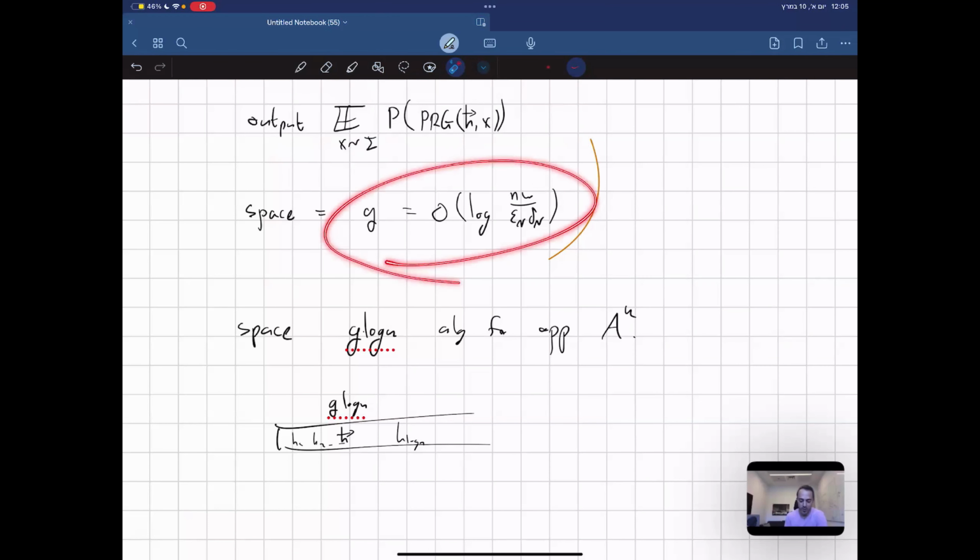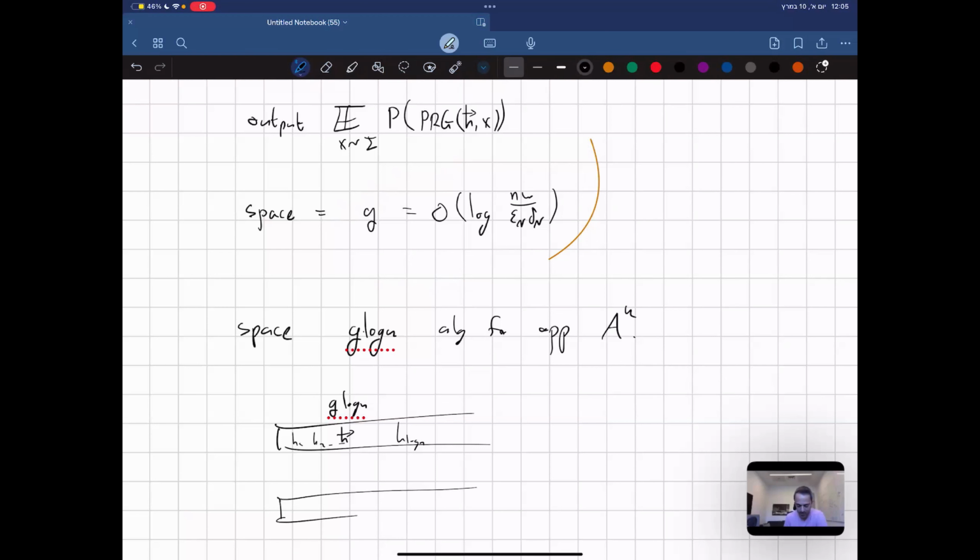And you just reuse the computation for different h's when you compute this PRG, and you also need to keep a counter. So for every h you're going to get a number, you're going to add them up. So you're going to need these many bits because the number is going to grow. And then you're going to take the average, and that's going to be the answer.